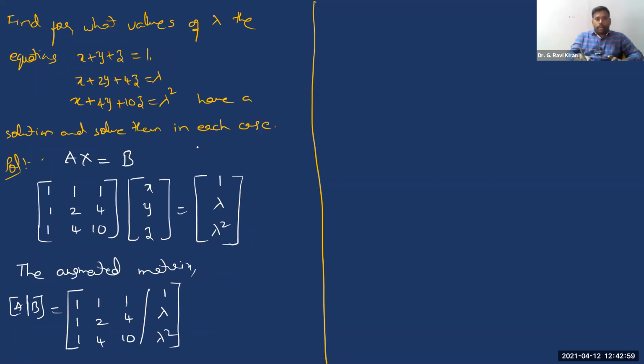Now see, let us try to reduce this into what you call its echelon form. So using these operations, we can reduce that into echelon form like this. R2 changes to R2 minus R1. Then R3 changes to R3 minus R1.